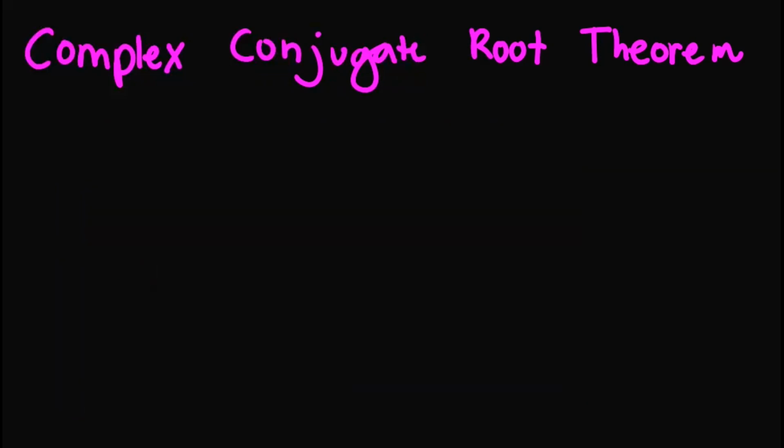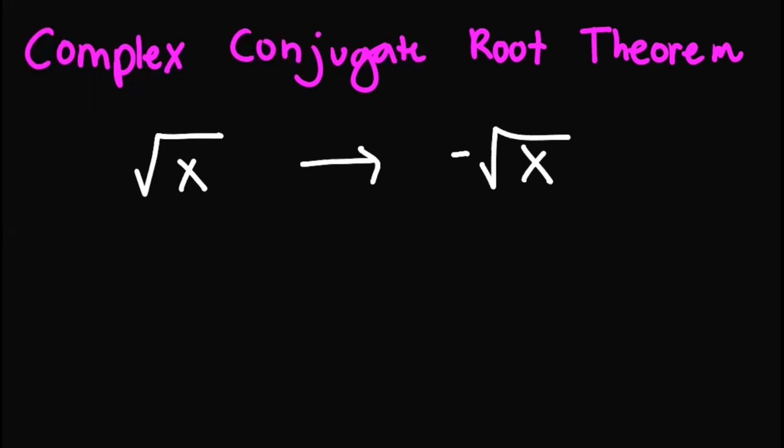Aside from that, we can also apply this to radicals. Although radicals are not treated as complex numbers, we can treat them as irrational numbers, but in this sense we'll treat them as complex in this field, since when we have square root of, say, x, it immediately follows that negative square root of x is also a root.